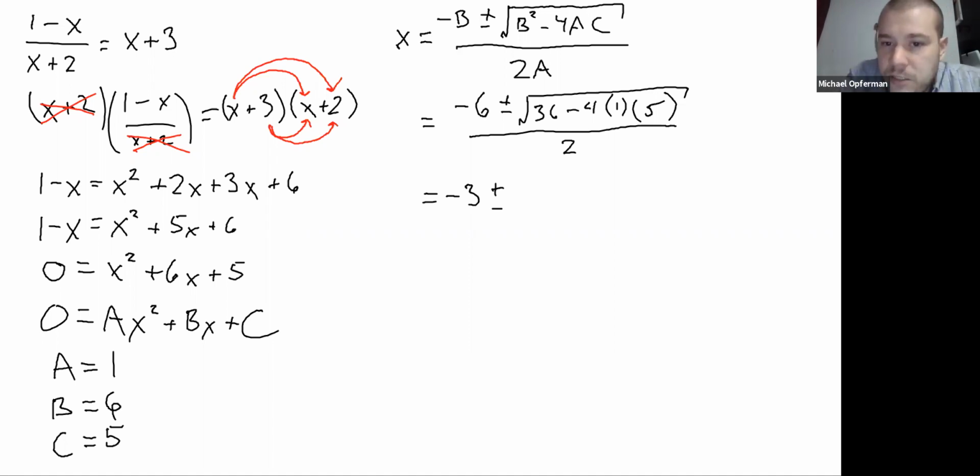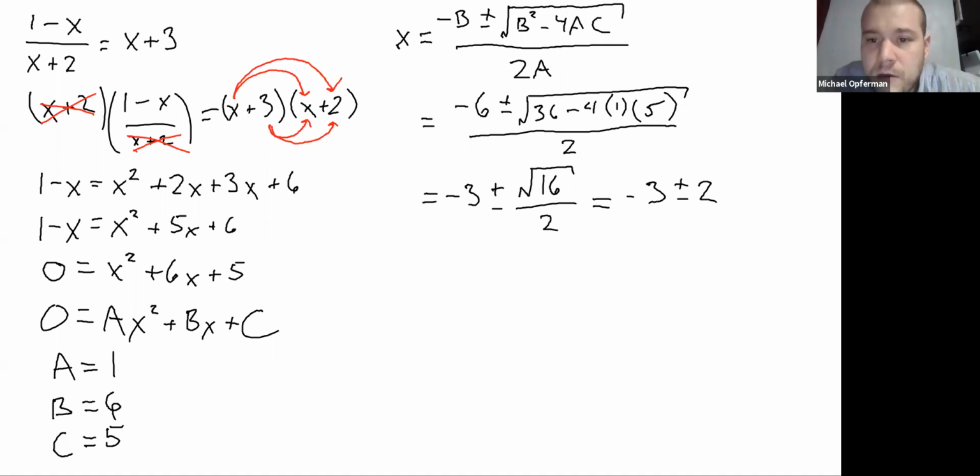So 36 minus 20 is 16. So the square root of 16 divided by 2, and the square root of 16 is 4. So that's going to give me negative 3 plus or minus 4 over 2, which is 2. And that happened to work out really nicely.